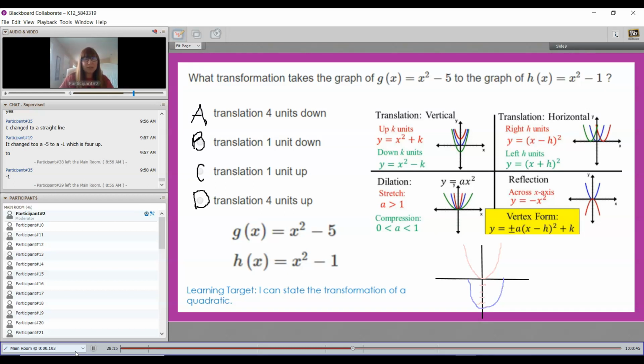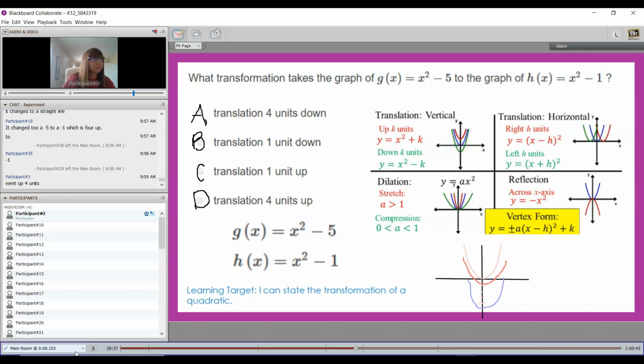How many units does the minus 1 go down? If it's x squared minus 1, it's just going to be shifting down 1 unit. So if I was at the minus 5 originally, but then my new function is minus 1, what happened to go from here to here?